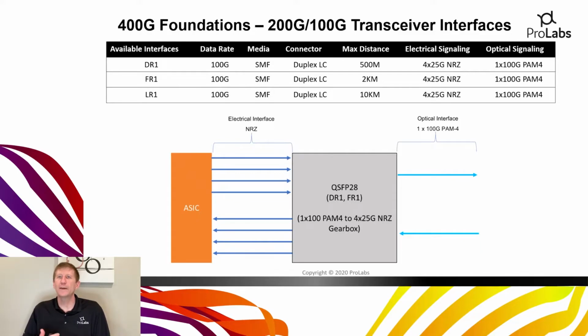And that retiming is critical to making it interoperate with the switch. Inside this gearbox is also a DSP, and this DSP contains forward error correction. That forward error correction works with the 400 gig transceiver on the other end without need for FEC on the host. So FEC is done on both this transceiver and its 400 gig counterpart on the other end. Very much something you need to know as you're deploying 400 gig.